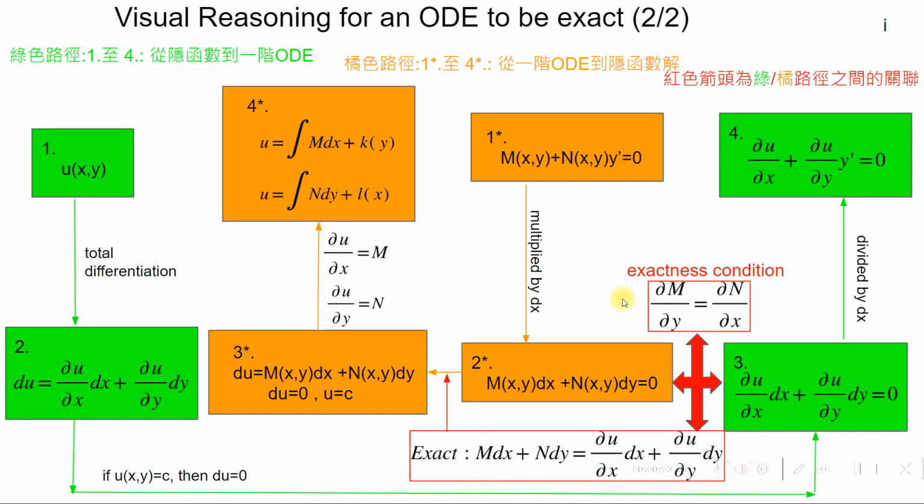So up to this point, we have completed our visual reasoning process. I would like to restate that the orange route was inspired by and the reverse version of the green route. I think it's a very classic way of thinking and also very intellectually stimulating.